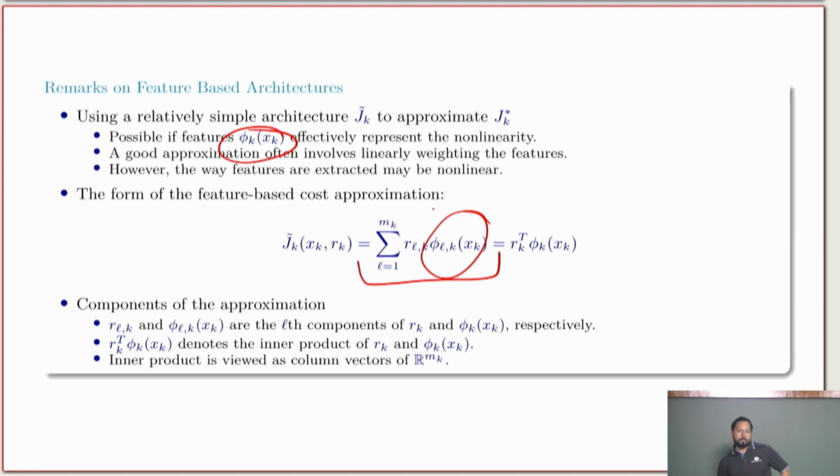So this is a linear combination of the basis vectors. We can also write this as r transpose times the feature vector. Okay, so the notations are kind of evident. Here r_Lk and phi_Lk are the Lth components of the weight vector r_k and the feature vector phi_k.